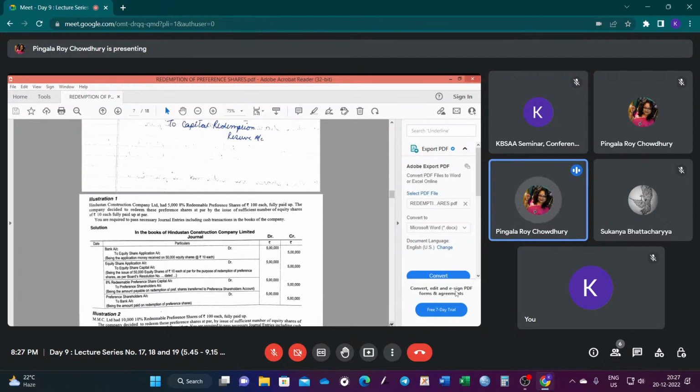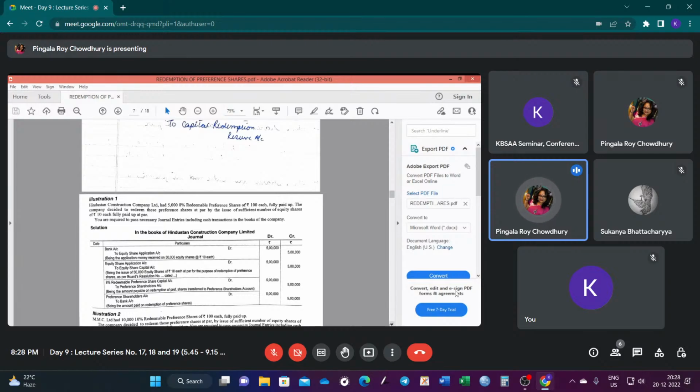They have said sufficient number of equity shares of rupees 10 each. If the shares are priced at rupees 10 each, that means you have to issue 50,000 equity shares at rupees 10 each. So the sum is clear.